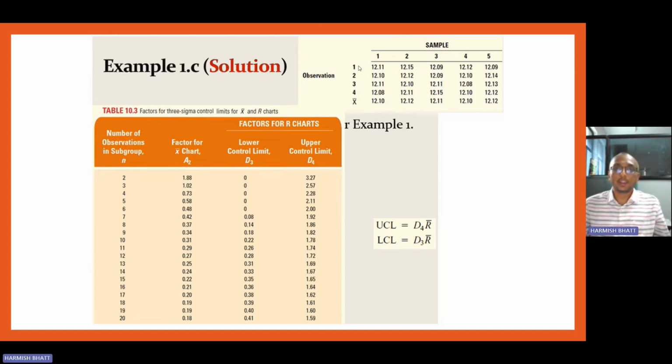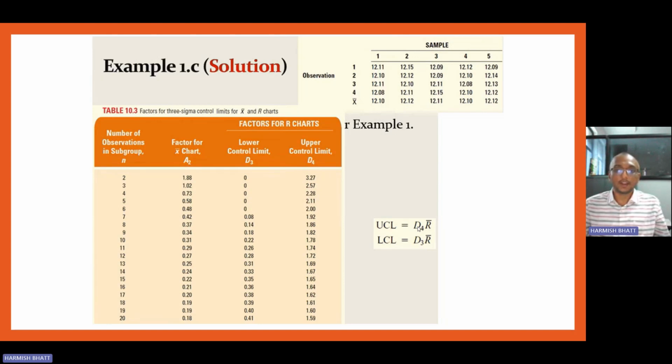Now over here, small n is equal to 4. So in this particular table, for sample size n equal to 4, the value of D3 is 0, while the value of D4 for the sample size of 4 is 2.28.